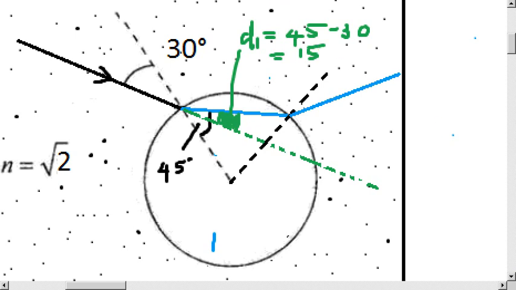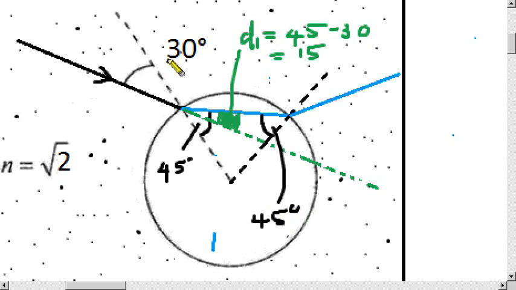So the angles, since these lines are equal in length, radius, therefore this total angle is the same as this one, 45.